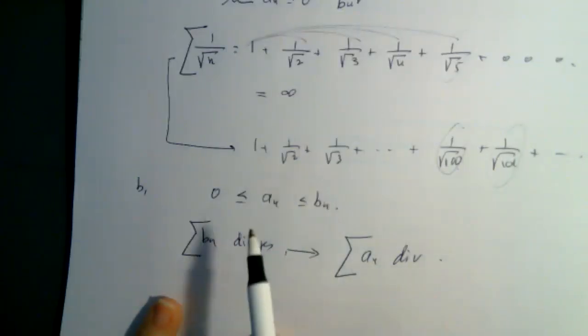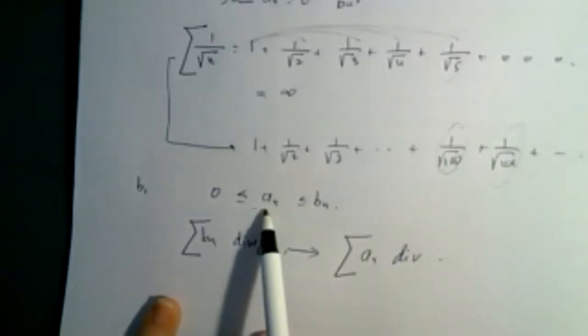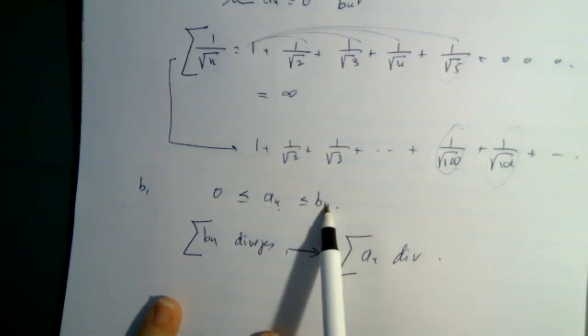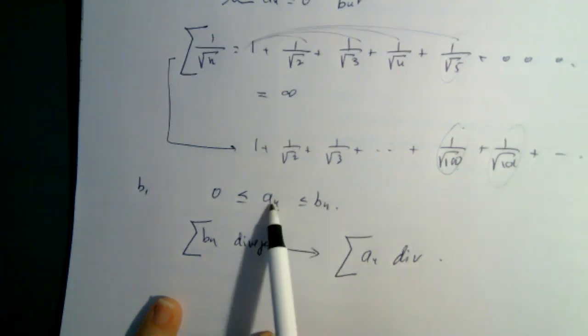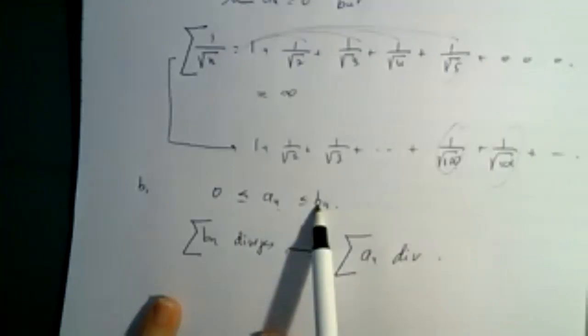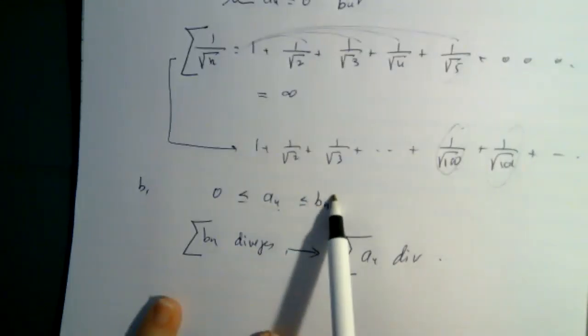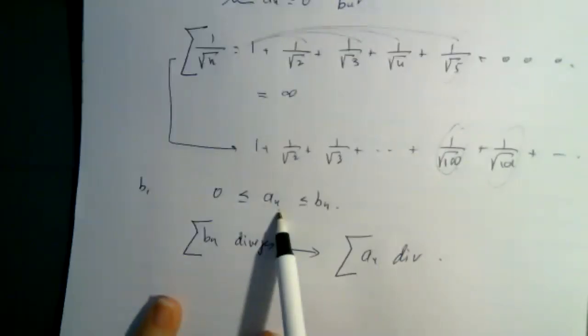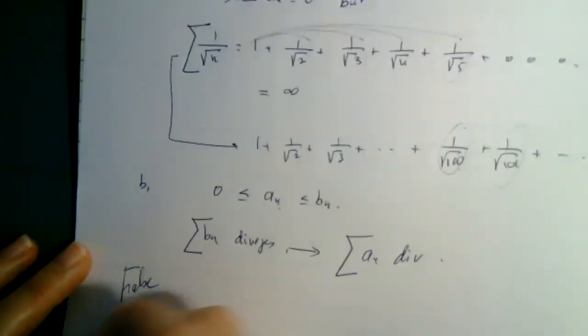No. The ordinary comparison tells you if the smaller one diverges, if adding those terms you go to infinity, then adding the larger ones will definitely go to infinity because each one of them is larger. But if adding the larger blows up, there is no reason why adding the small numbers is going to blow up. So again, this was a false statement.